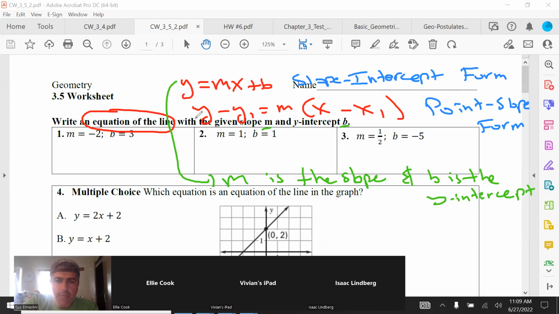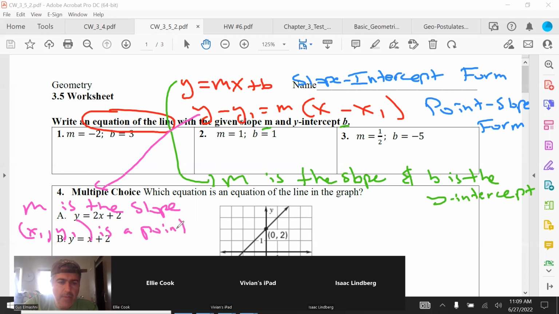For the other form, m is still the slope. (x1, y1) is a point on the line. And the key thing to understand about equations is that equations are relationships.